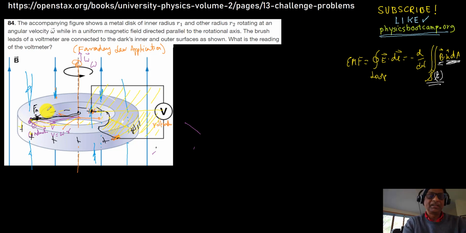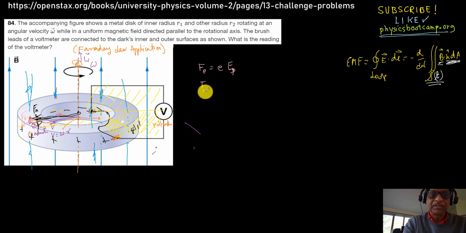If you continue for a while, it will come to a stable situation where the force on this electron will be not just the magnetic force, but there will also be an electric force, which will balance it. So we have an electric force qE, at the point P. We just call that point P. So we have at point P.